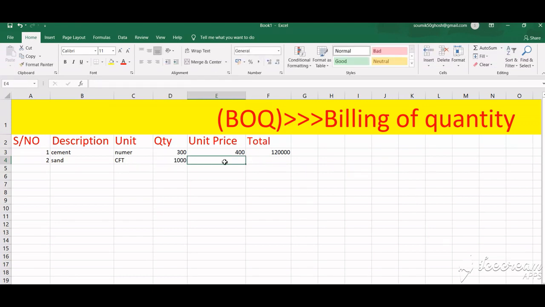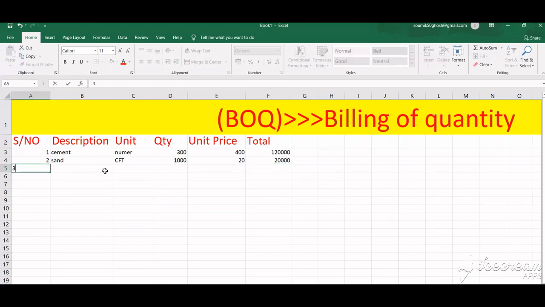And unit price is 20. Our CFT unit price is 20. The total amount is equal to, select this column into this one. Next, enter.